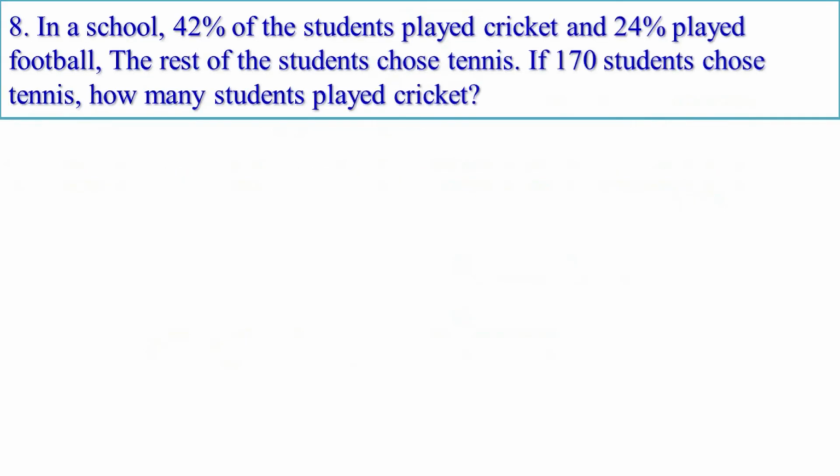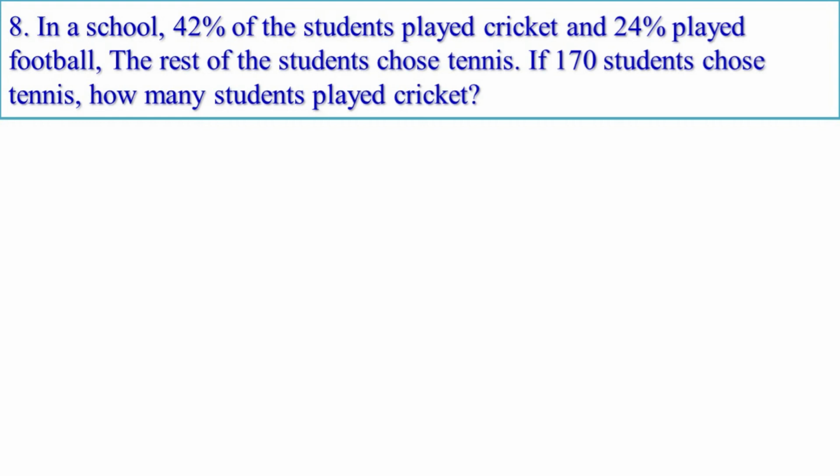In a school, 42% of the students played cricket and 24% played football. The rest of the students chose tennis. If 170 students chose tennis, how many students played cricket?